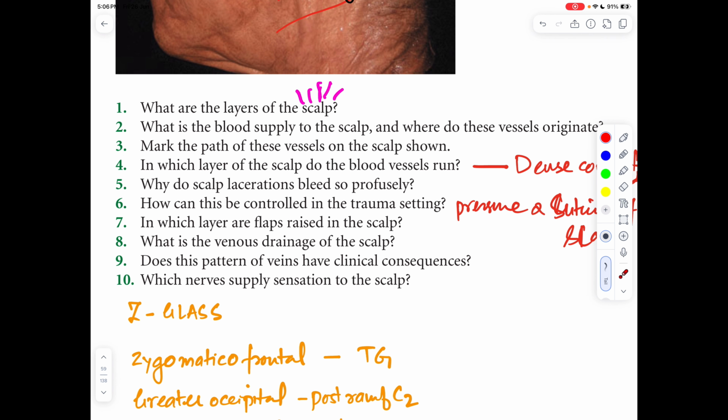Which nerve supplies sensation to the scalp? The scalp has the zygomaticotemporal, greater occipital, lesser occipital, auriculotemporal, supraorbital, and supratrochlear nerves.